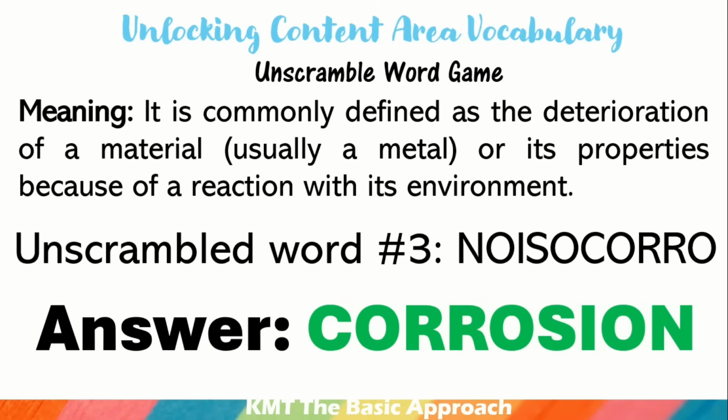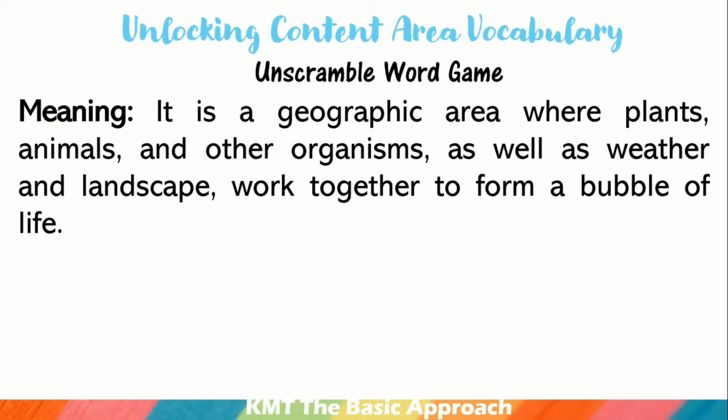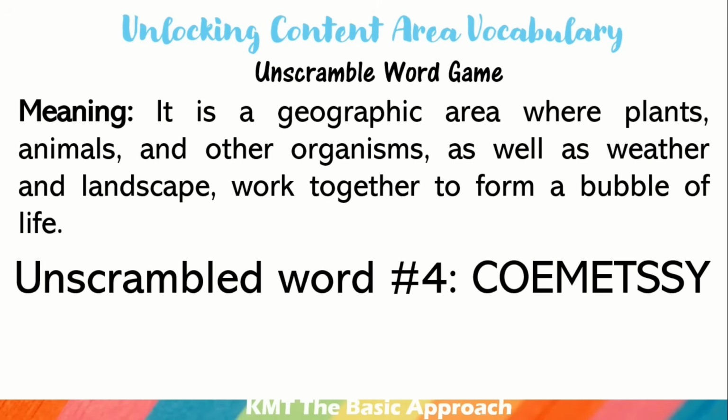Meaning, it is a geographic area where plants, animals, and other organisms, as well as weather and landscape, work together to form a bubble of life. Unscrambled word number 4. What is the correct answer? Correct!